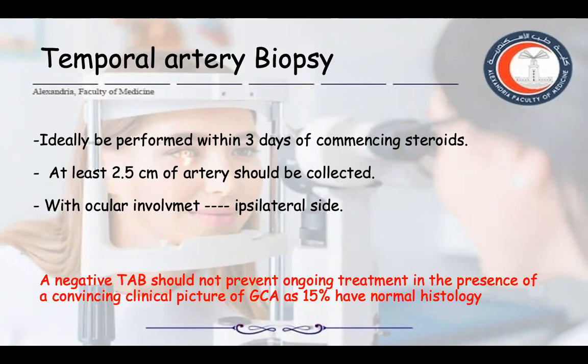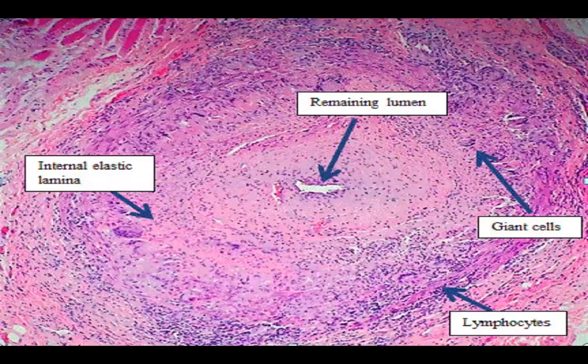If there is ocular involvement, take the biopsy from the ipsilateral side. And in red, a negative biopsy should not prevent ongoing treatment in the presence of a convincing clinical picture of GCA. Why? Because 15% of GCA patients have normal histopathology. So once you suspect GCA from your clinical findings, start systemic steroids, as I will mention later.